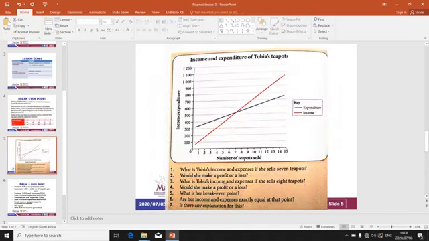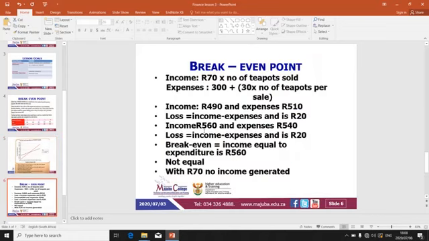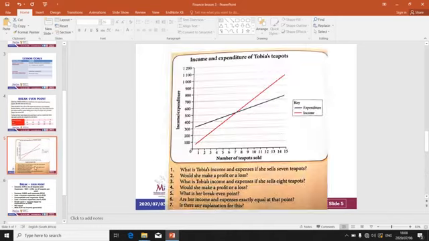What is Tobia's income and expenses if she sells 8 pots? You see 8 pots here. You move up to the graph. For the income, 70 times 8 is 560. For the expenses, 8 times 30 is 240, and 240 plus 300 is 540. Would she make a profit or a loss?